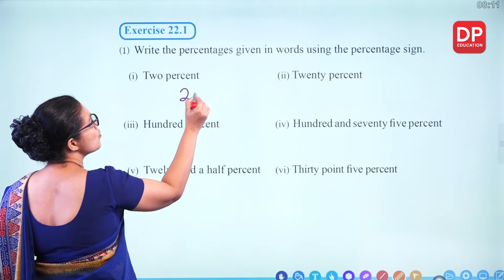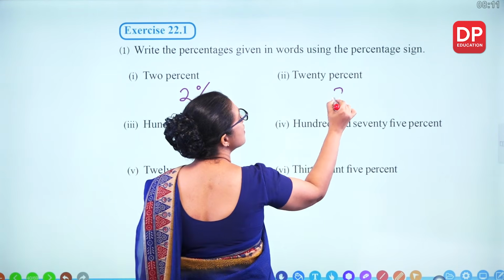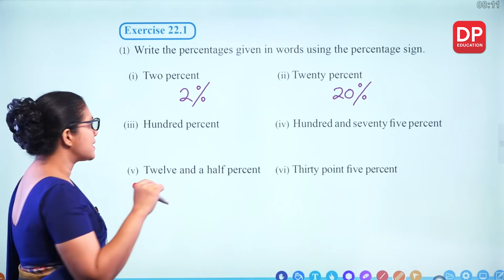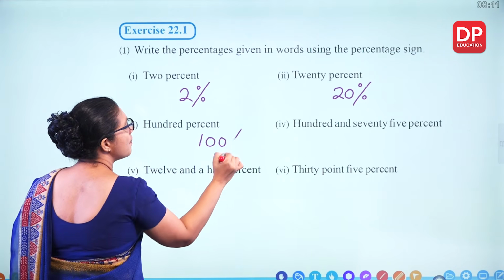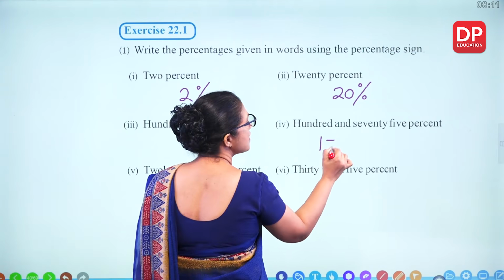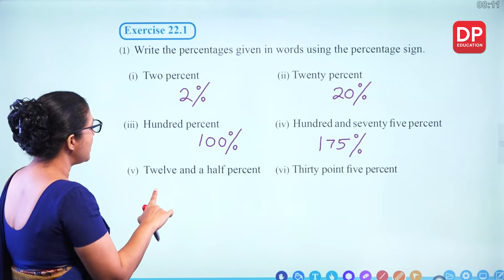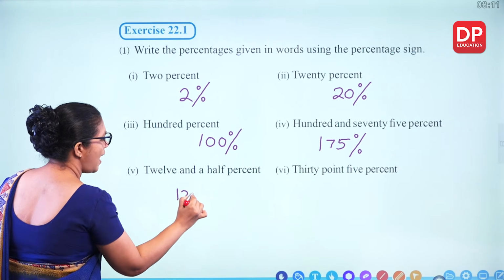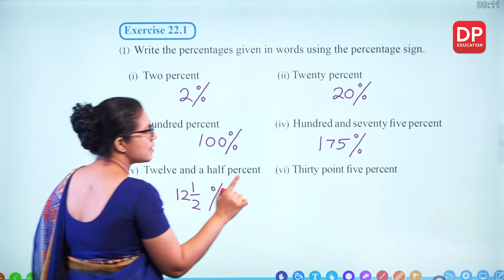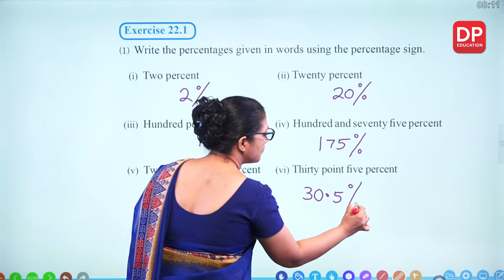How can we write? 2 and then percentage sign. 20%. 100%. 175%. 12.5%. 30.5%.